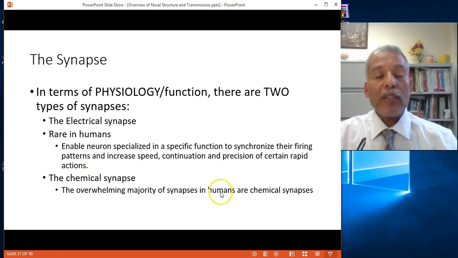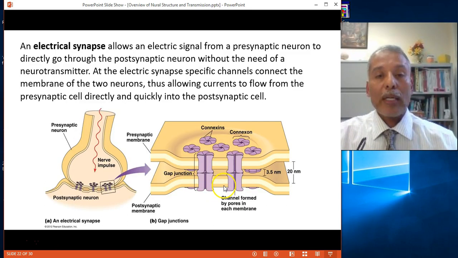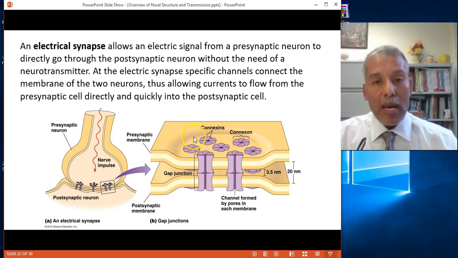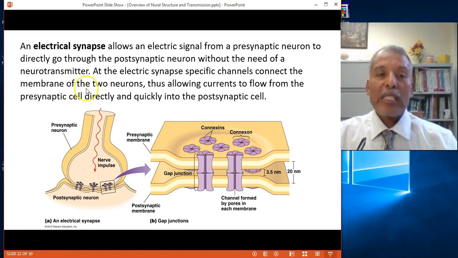So the electrical synapse, let me show you the image first and explain. You have now a synaptic terminal coming from the presynaptic neuron. And then you have this area here, the postsynaptic neuron, whether that's part of the cell body or part of the dendrite itself. What do you notice now?